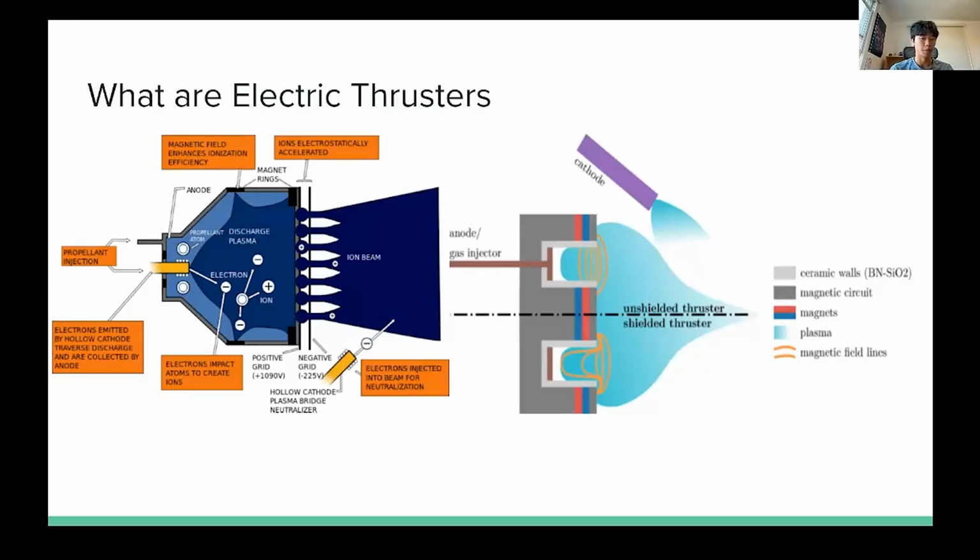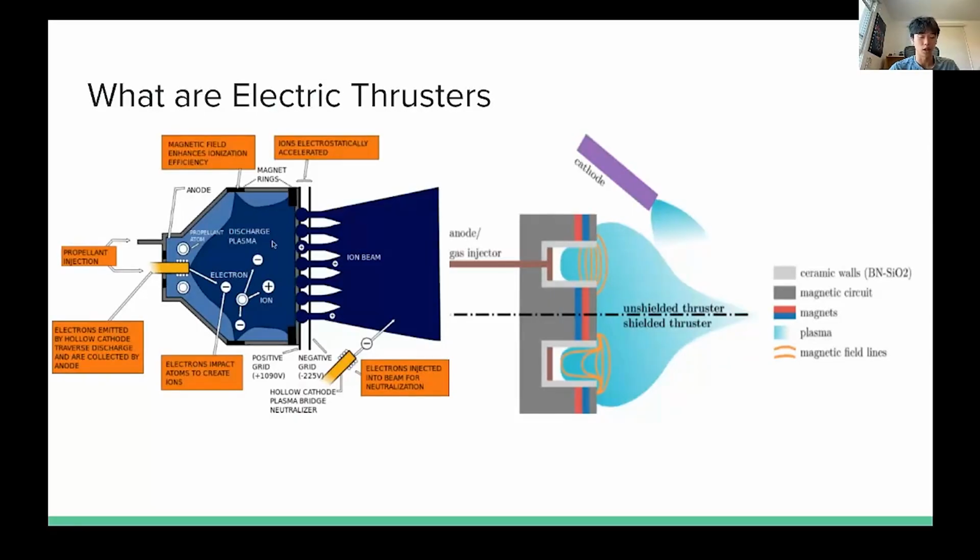But there are two main types of electric thrusters. On the left here is a gridded ion thruster. On the right here is a Hall effect thruster. Gridded ion thrusters ionize the gas within an anode chamber, and they use magnetic rings and a negatively charged electric field to keep all the ions inside the chamber to be collided with an electron beam emitted by a hollow cathode on the left.